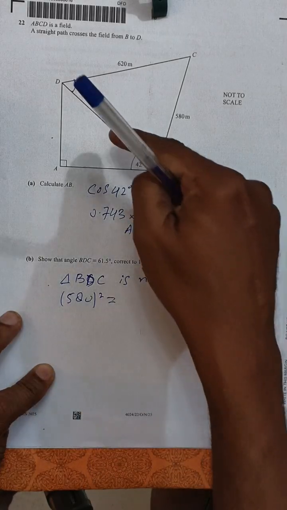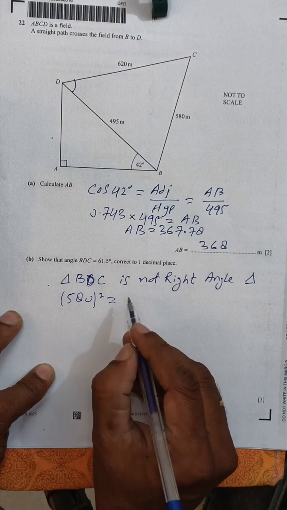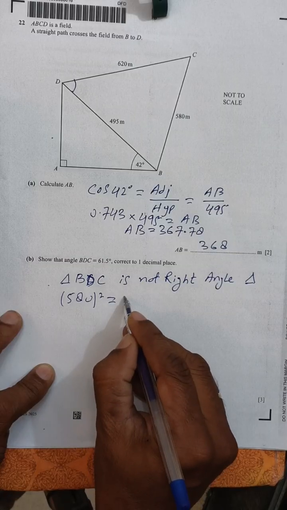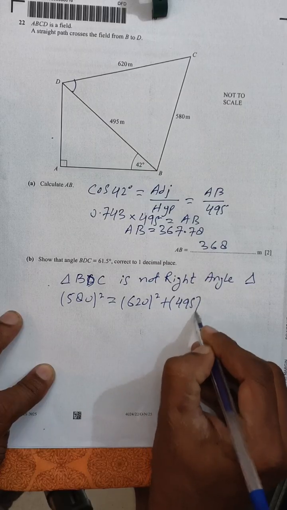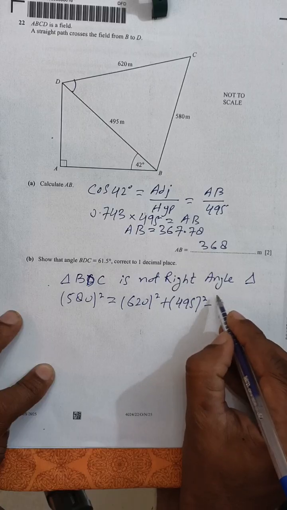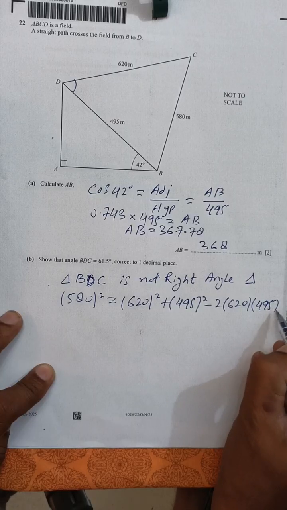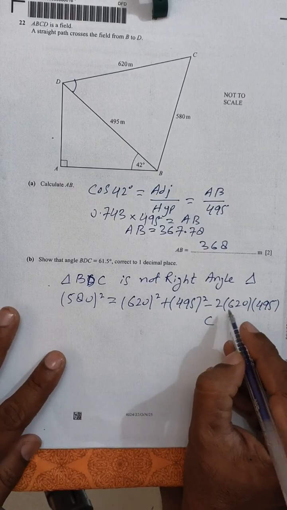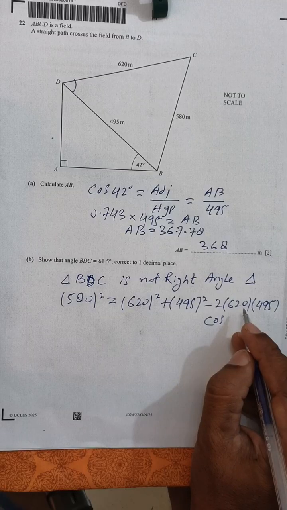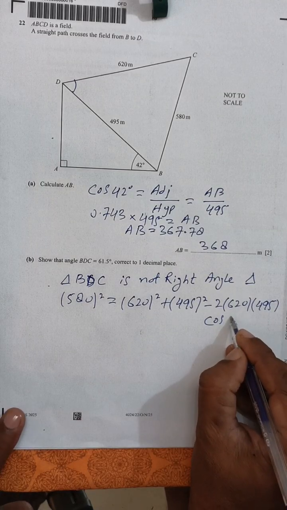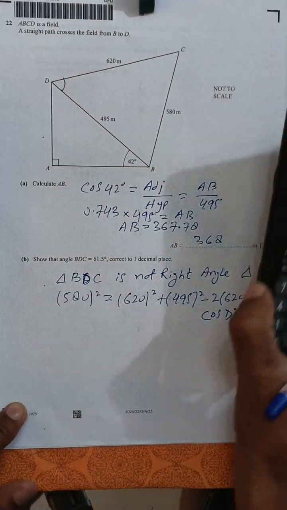That is equal to the square of 620 plus the square of 495 minus 2 times 620 times 495 cos D. You need to find cos D. Just solve it quickly.